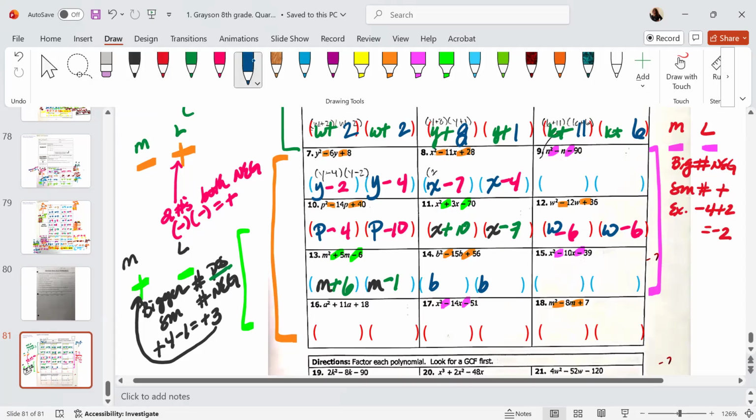And that negative 2 is why that middle number is negative. Do you see that? Okay, so x, oh, I forgot this one. I think this is an 8 and a 7, right? And it has to be a negative 8 and a negative 7, okay? X, x, m, m, a, a.